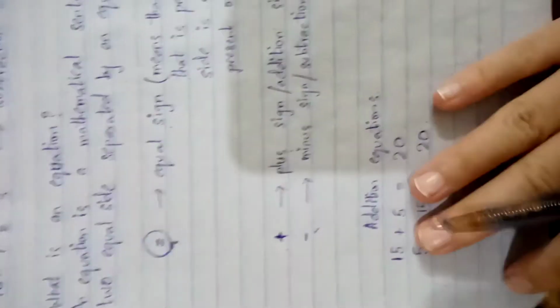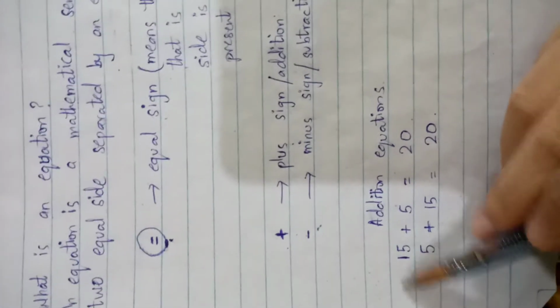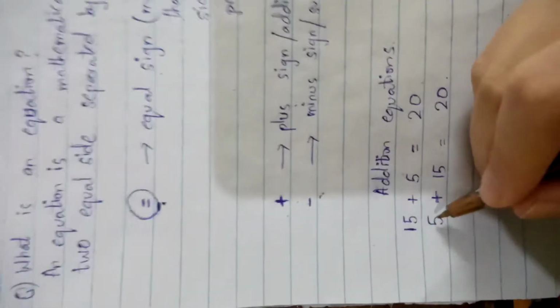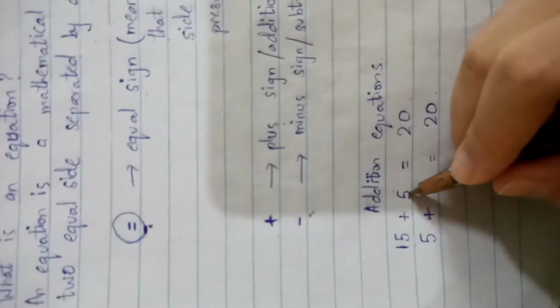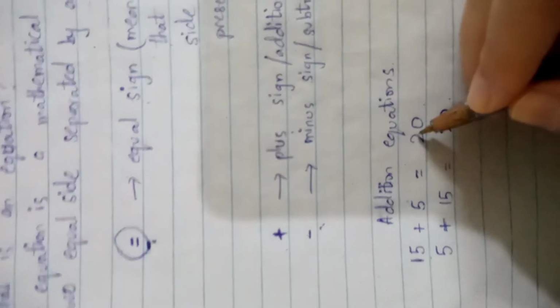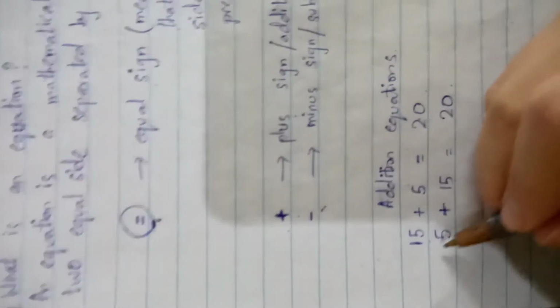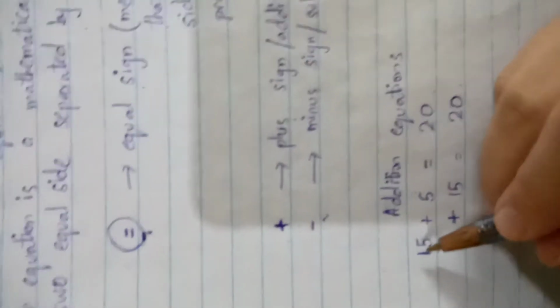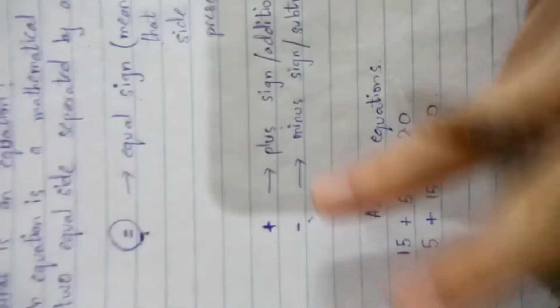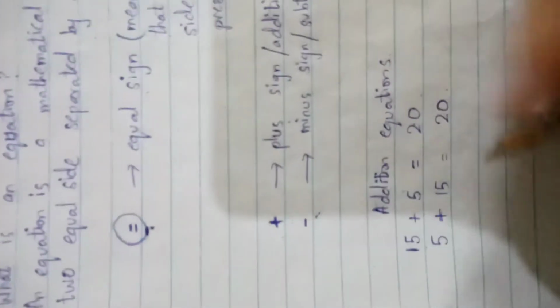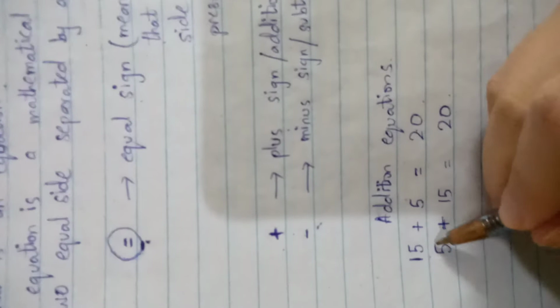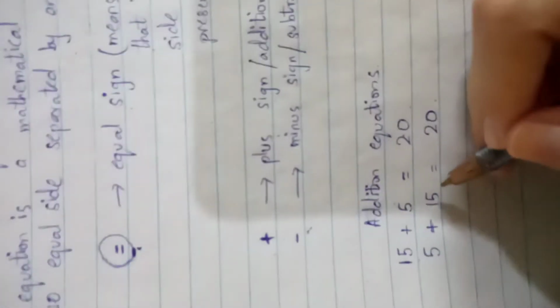Let's move on. Here, first of all, I have a set of addition equations. See, here I have written 15 plus 5. I know that it is equal to 20. Now in the second part, I have simply interchanged the position of 15 with 5. Here I have written 5 first and then 15.